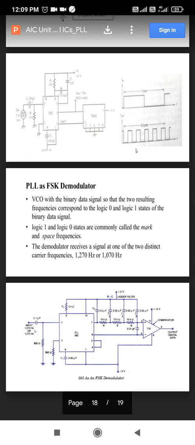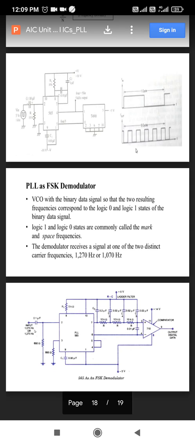So at the output of the FSK modulator, we get the FSK modulated signal, and that FSK modulated signal you have to apply at pin number 2 of the PLL 565. The FSK modulated signal you have to apply at either pin number 2 or pin number 3 of the PLL IC 565 for getting the demodulated output.